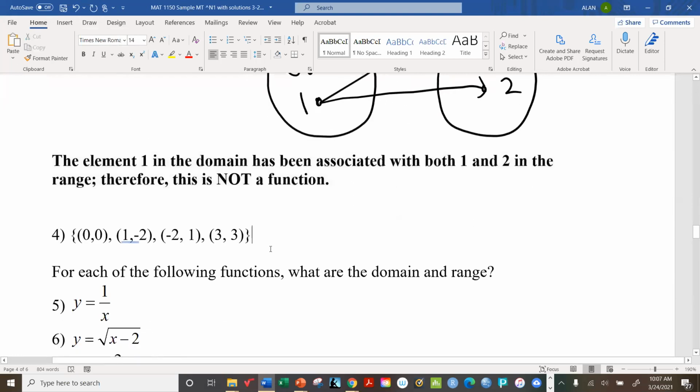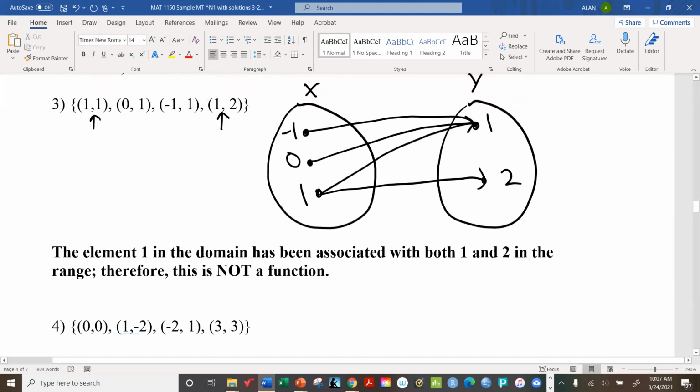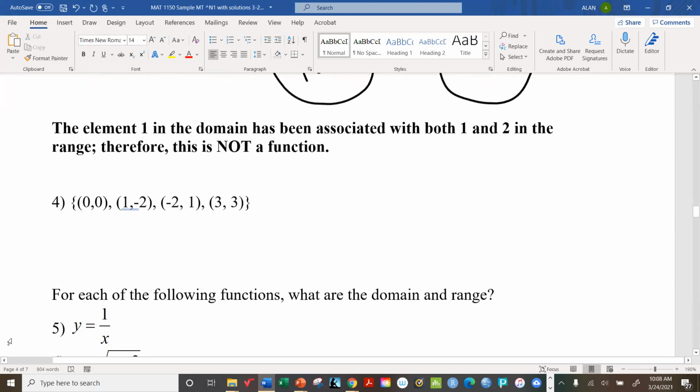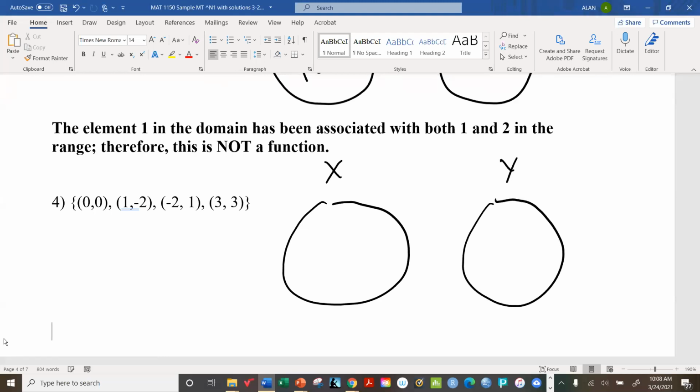Now this one, let's see what's going on with this one. For the x's, we have 0, 1, -2, we have a 0. I like to put them in order. They don't have to be in order, but I like it that way.